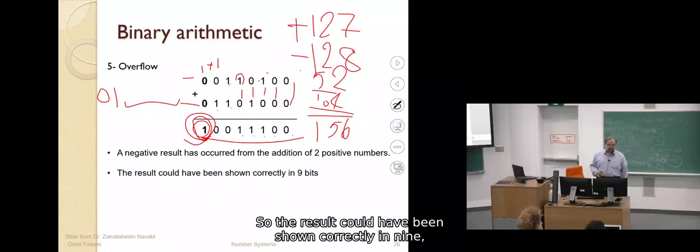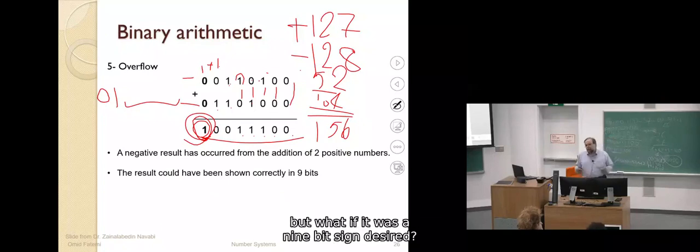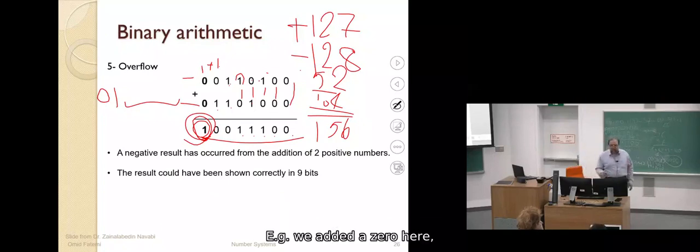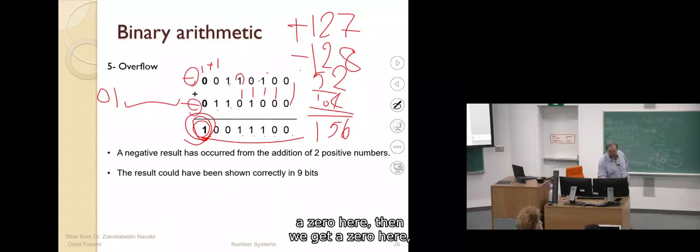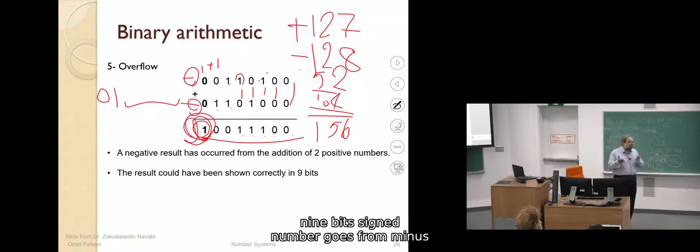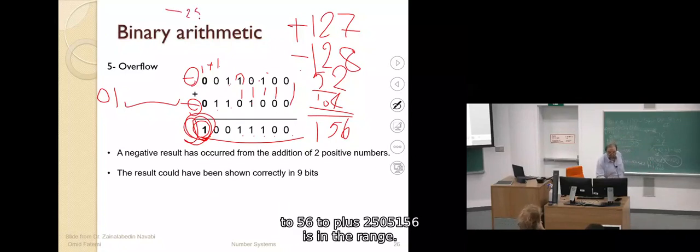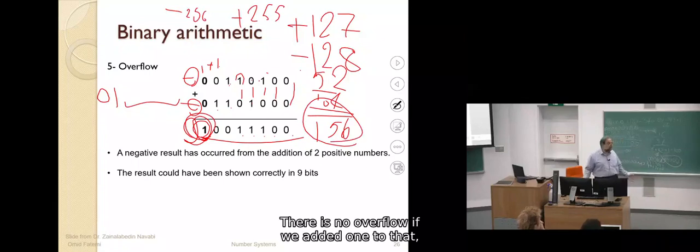So the result could have been shown correctly in 9 bits. If it was a 9-bit signed result, for example, we added a 0 here, a 0 here, then we get a 0 here, and everything would be okay, because a 9-bit signed number goes from minus 256 to plus 255, and 156 is in the range. There is no overflow.